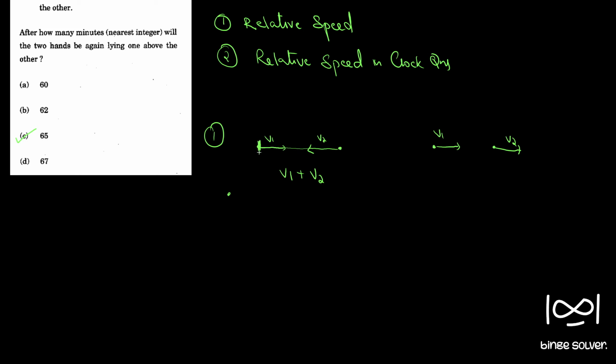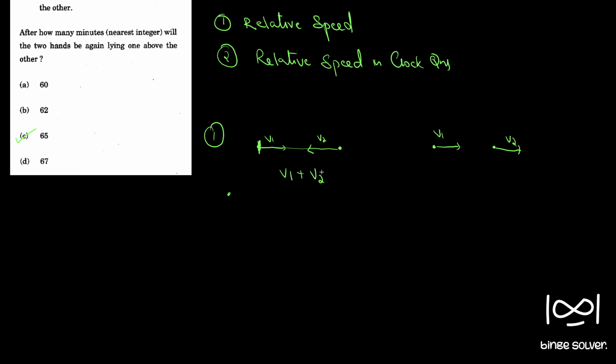So when we keep him stationary, he is moving at a faster pace than v2, which is v1 plus v2. This is how relative speed works. We keep one person stationary and see at what relative speed the other person is moving from his perspective.